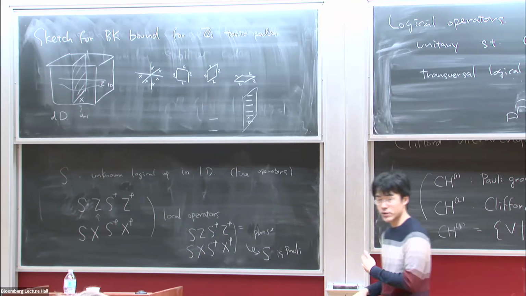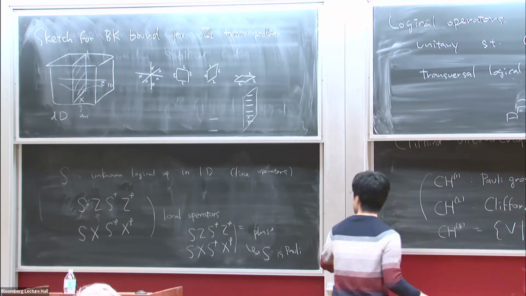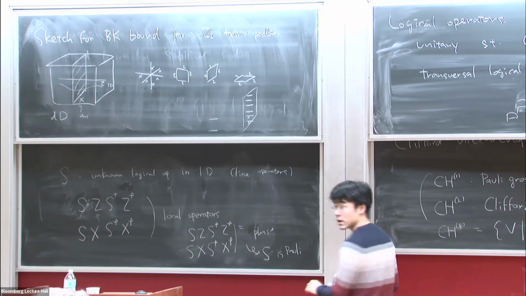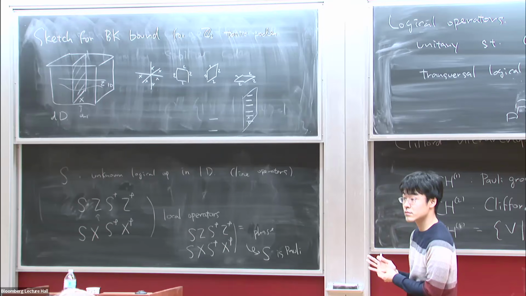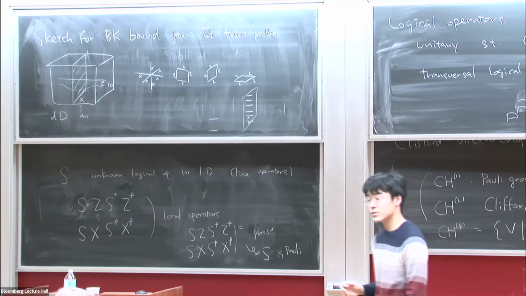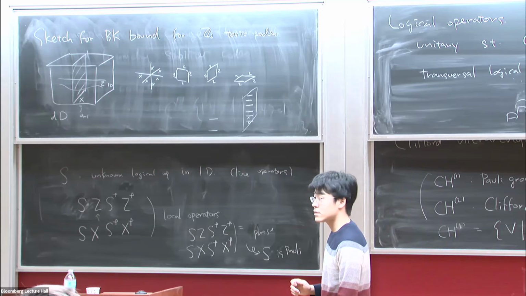You can run this kind of a dimensionality argument. So, for instance, if somehow your code doesn't have a surface operator, then you can improve this bound. Sorry, what kind of setup do you want? Well, if you don't have, let's say, logical operators supported in codimension one, so you don't have access.